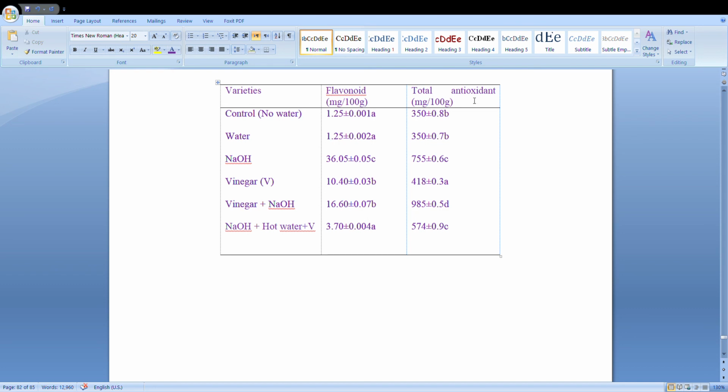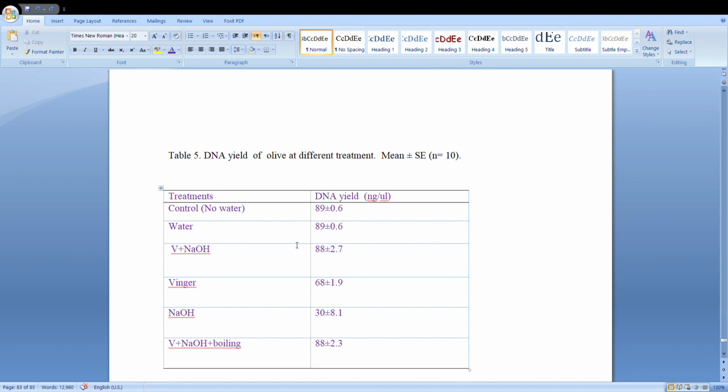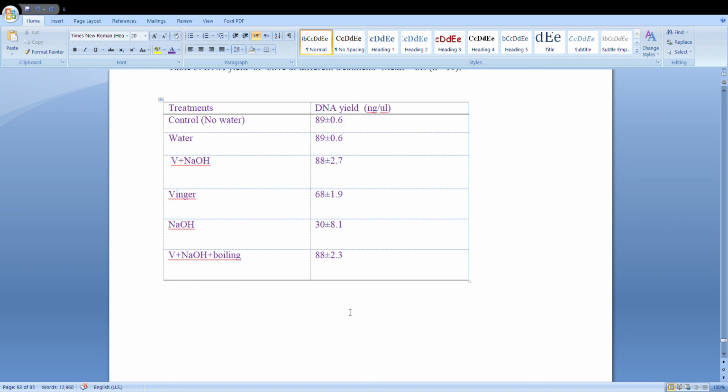Then for the control water, the DNA yield is also higher in the different treated ones, but it is almost the same. The DNA yield is almost the same in control and others. When you use vinegar, the yield is the lowest in the vinegar-treated olives.